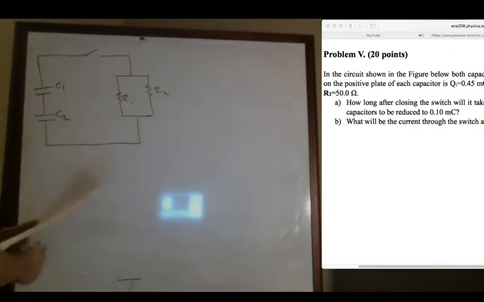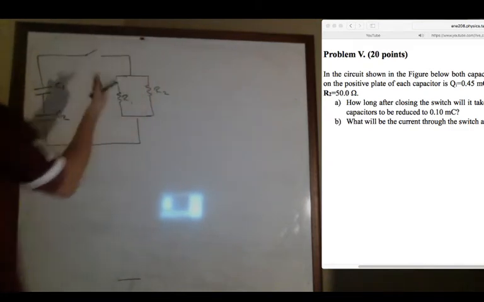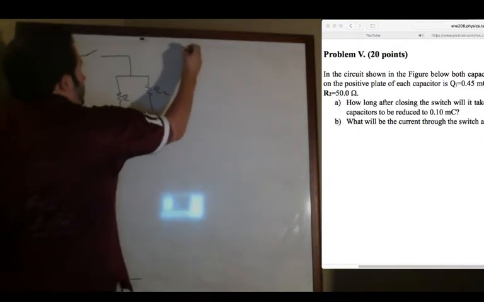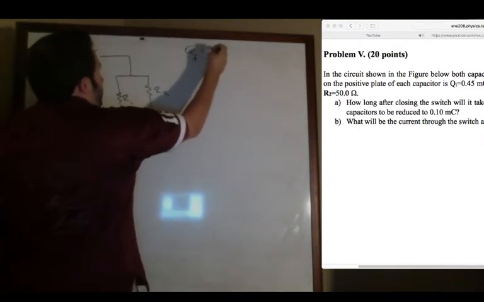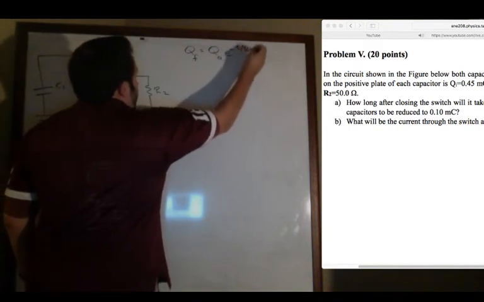Okay. So what we want to do here is we recognize that the charge on this is decaying, because when you flip that switch, these capacitors will start to decay. And the equation that I gave y'all for that is that your final charge is equal to your initial charge, e to the negative t over RC.